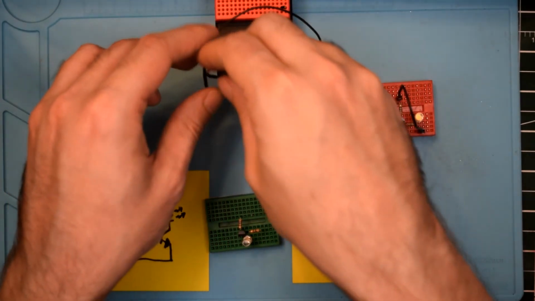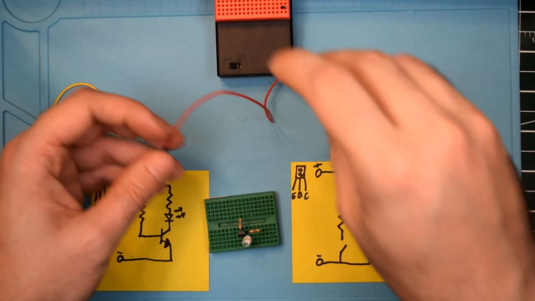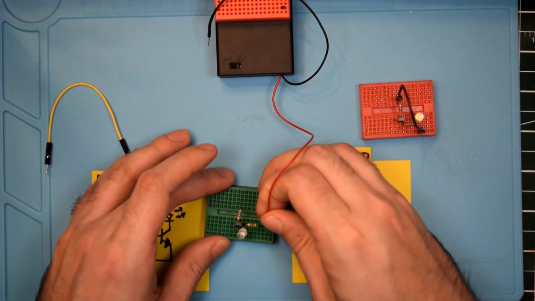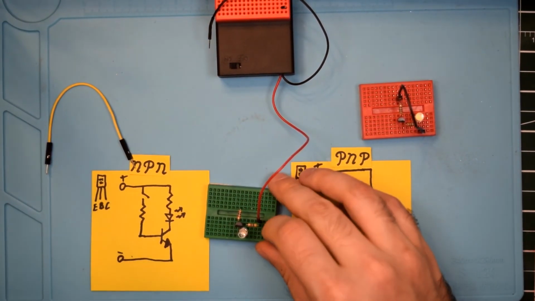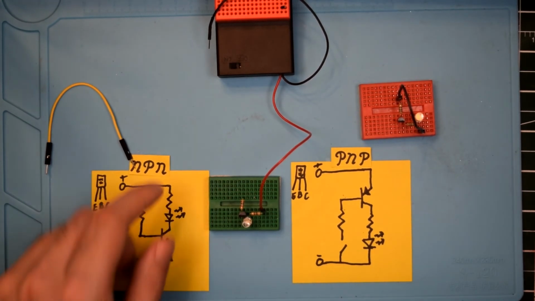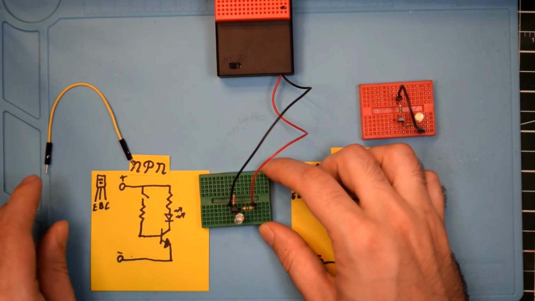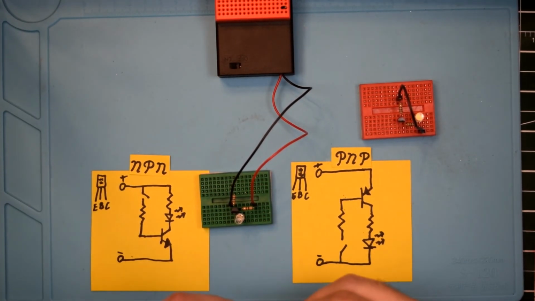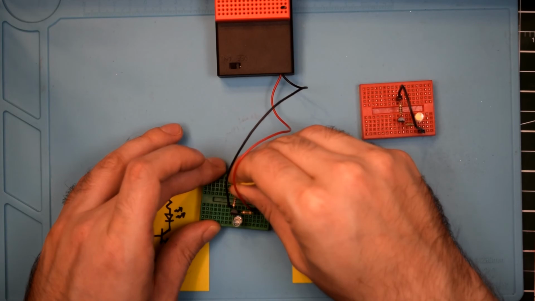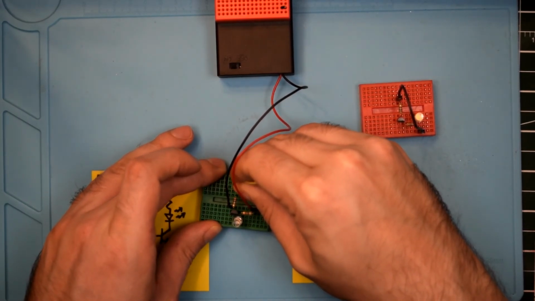Alright, now we're going to take the positive rail this time and put it up here at the top there, and the negative rail and put it there, and then we're going to take the base, and we actually want to pull the base positive this time.